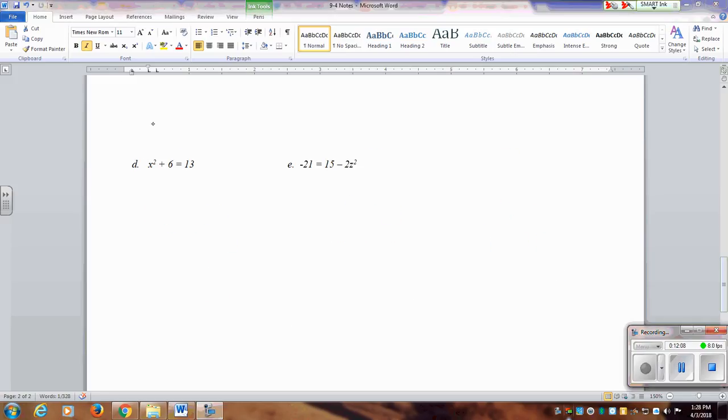Okay, for problem D, we're going to start by subtracting 6 from both sides. And we're going to get x squared equals 7. And then we're going to take the square root of 7. And I'm doing that right now.